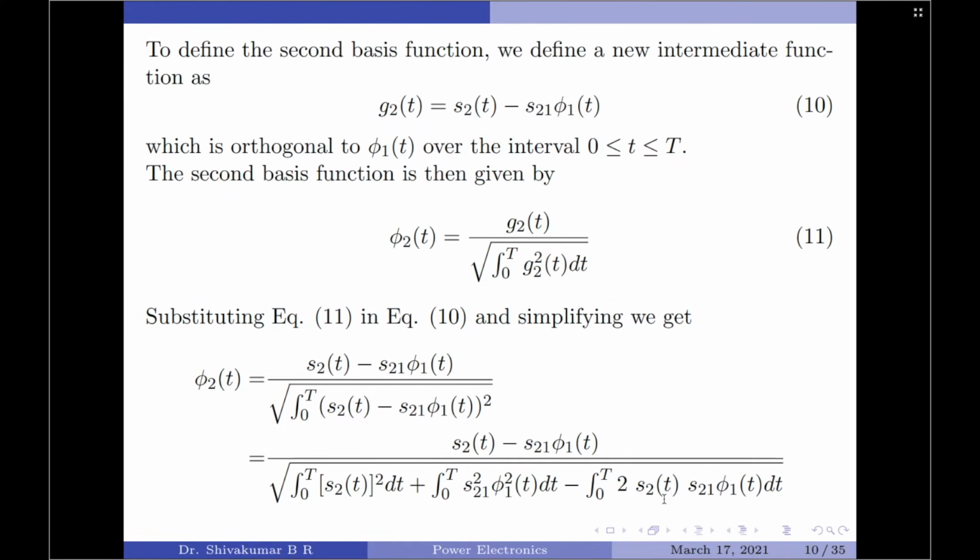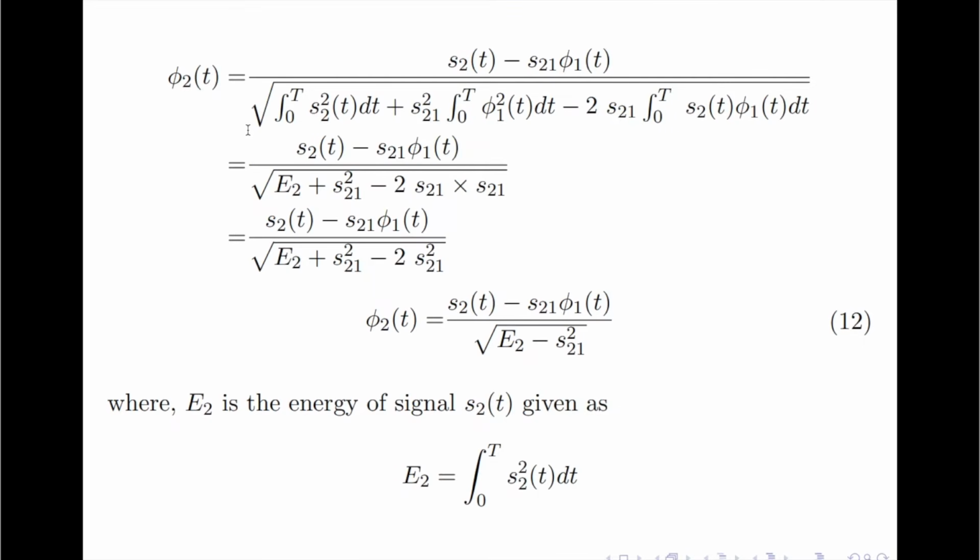Since 2 and S21 are constants, let us take them out of the integration. So, the integration will only be applicable to S2 of t into phi 1 of t. This simplification is illustrated in the equation here.